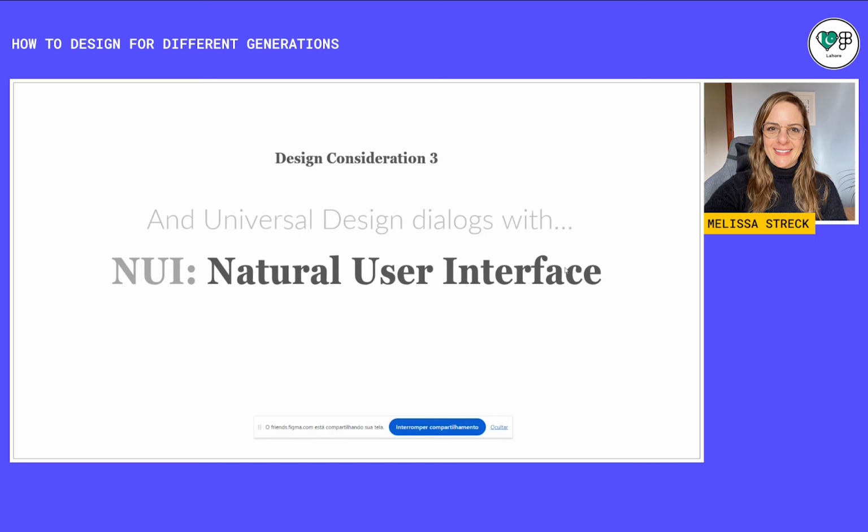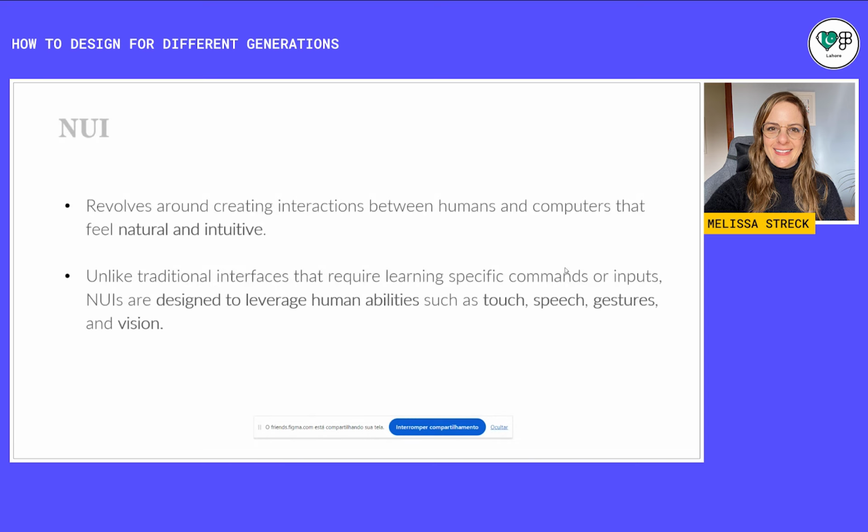And when we talk about universal design, it dialogues with the natural user interface. That's another term that's very related to universal design, and I really like this concept, because it tries to resolve how we create interactions between humans and computers in a natural and intuitive way.